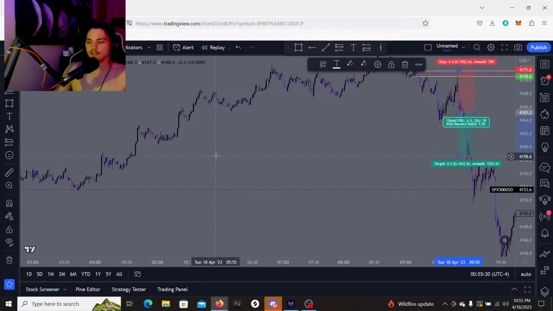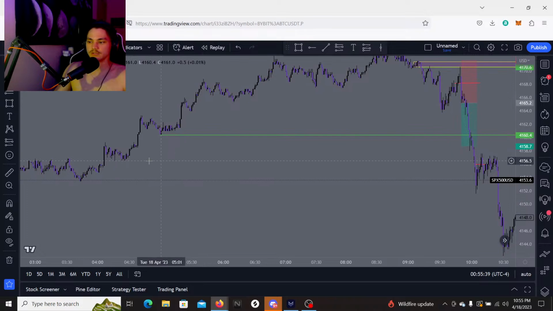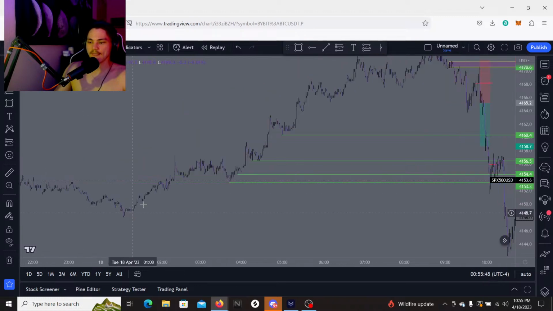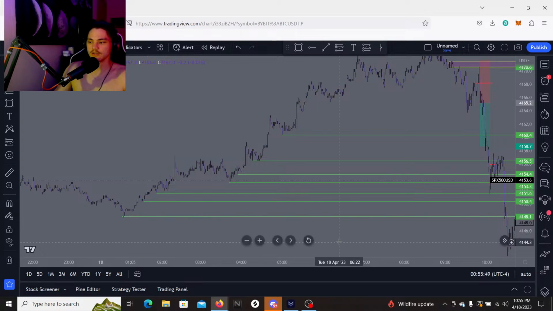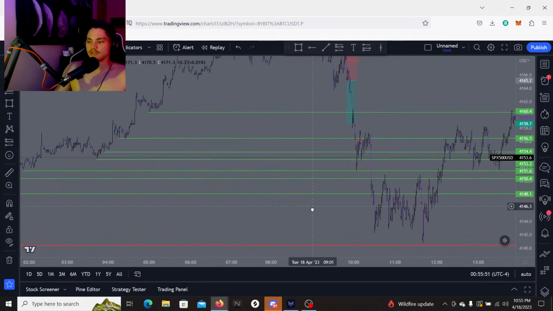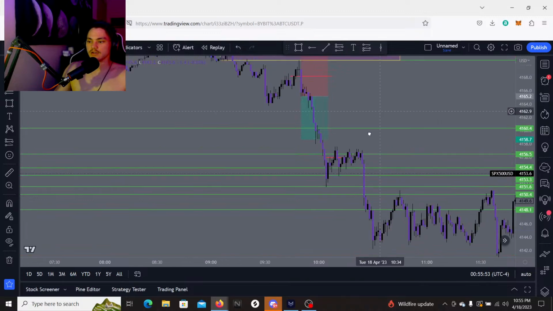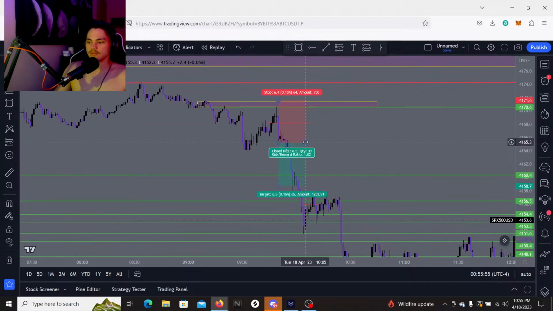We had a little bit of liquidity right here that we would have to be wary about. But then the next area is here. You could say there, and then down here. And then like here, here, here. We could have caught this thing all the way down.